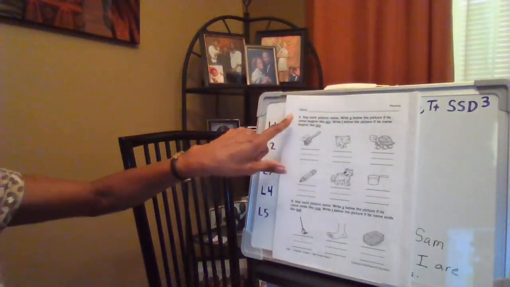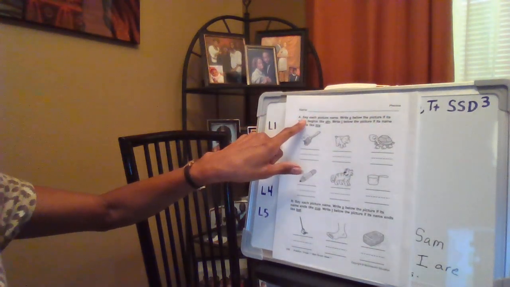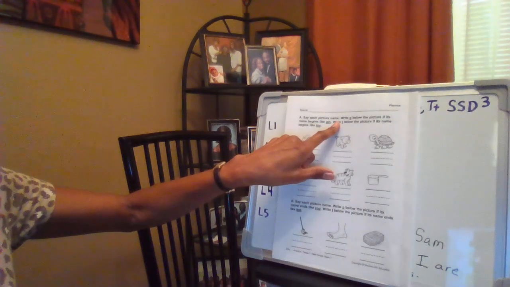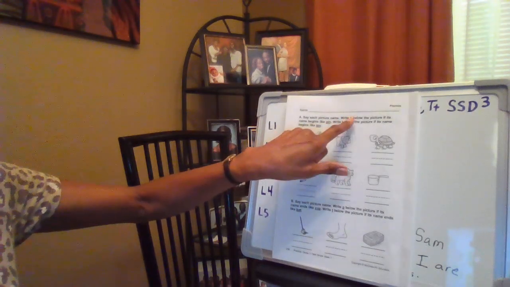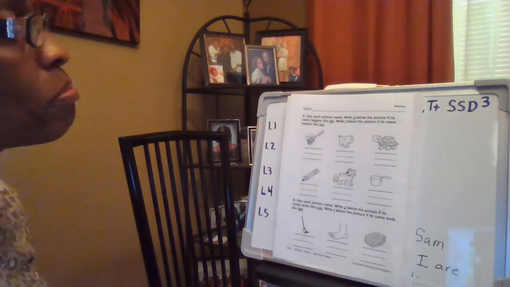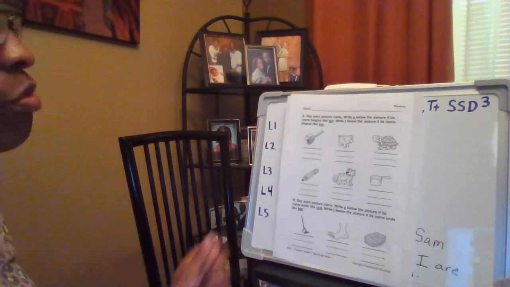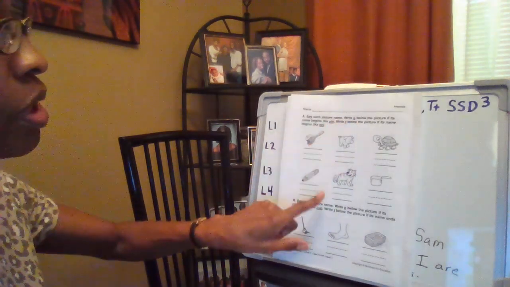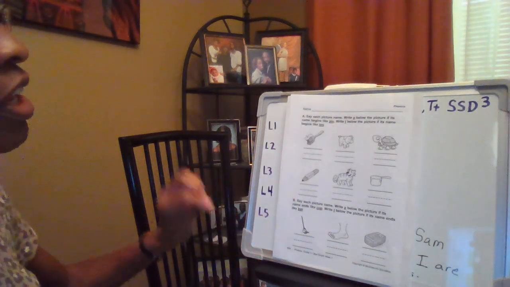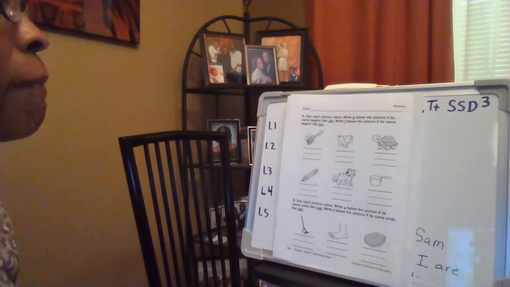Okay, so in part, you're going to write your name. Part A, it says, say each picture name. Write P below the picture if its name begins like pen.